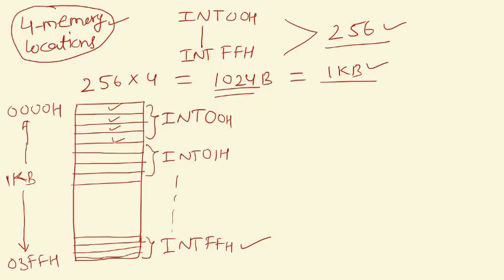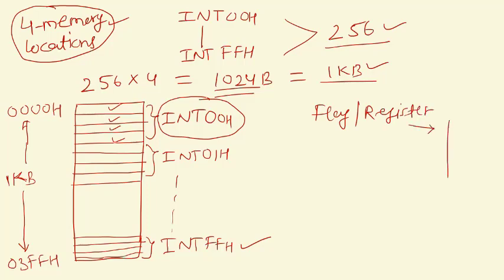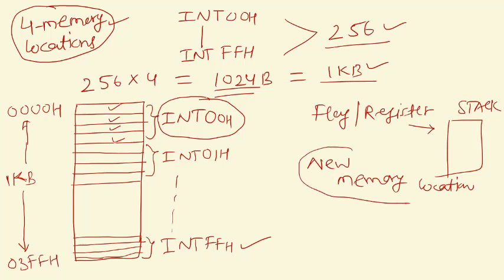So whenever this INT 00H is going to be executed, at that time the flag and the registers will be stored into the stack, and the program control will be transferred to the new memory location. We have already studied this. Now my question is, what will be the new memory location?